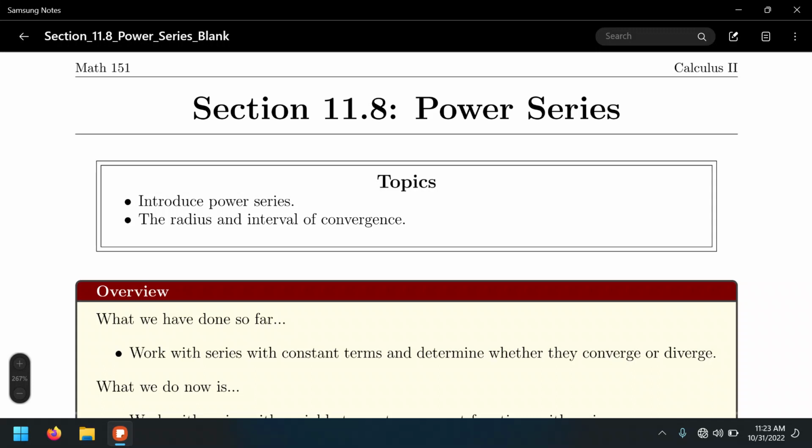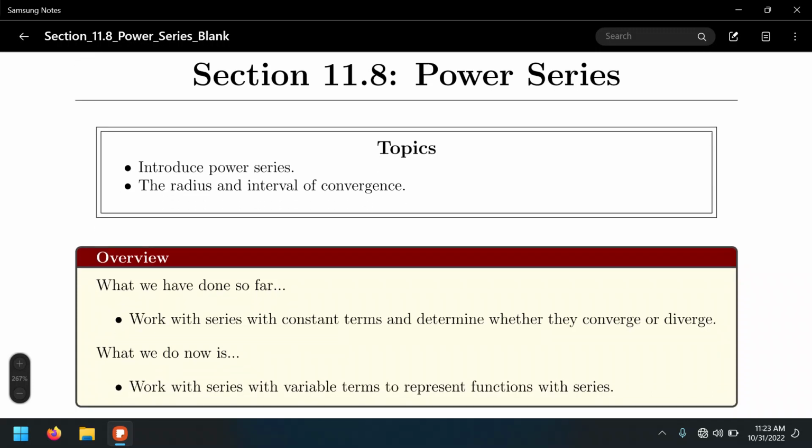We worked with series of constant terms. That is, we have this general rule in terms of n. We plug in some values of n to get the summation in terms of n. Those are constants only. However, these new power series are going to be series with a variable term.